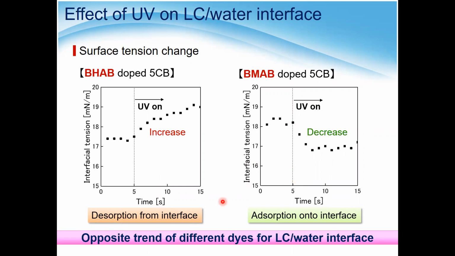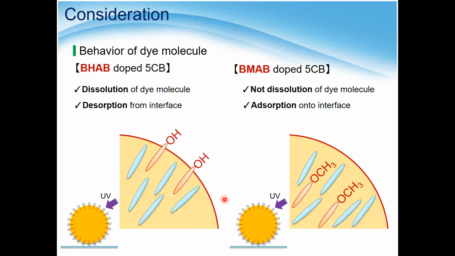So from the surface tension change experiment, we could observe totally opposite phenomena happening at the interface in the BHAB- and BMAB-doped liquid crystalline droplets.